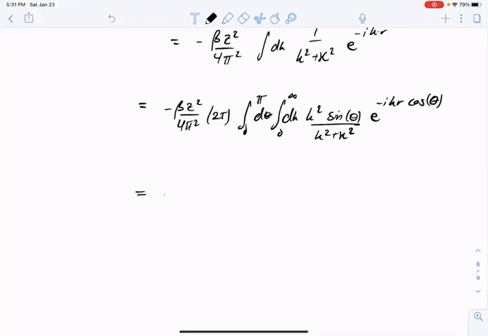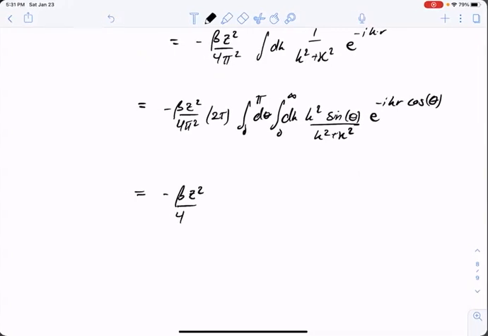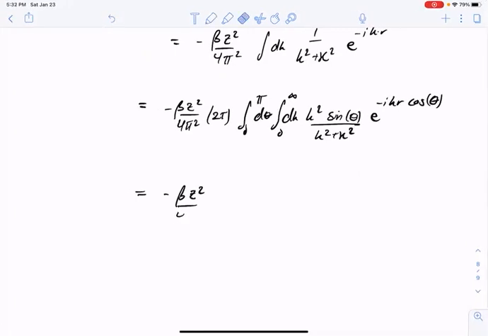Doing that integral, I can simplify beta z squared over 4. Nope, not 4. The 2's cancel. I get an extra 2 from that integral. I get a factor of pi. When I do the u substitution, the prefactor out in front of u is kr.